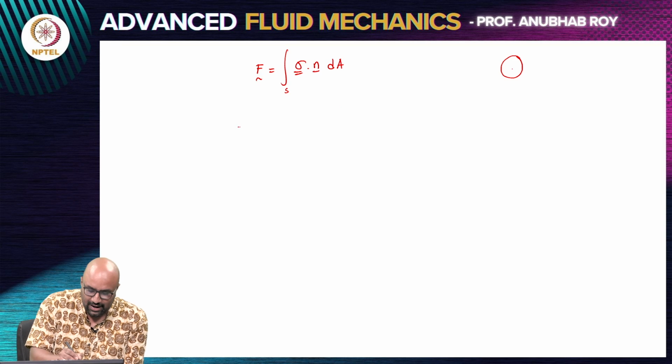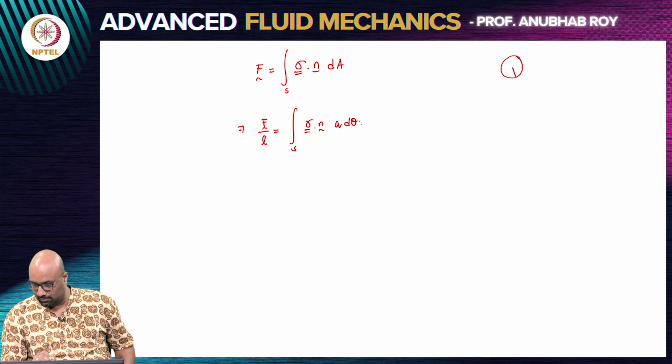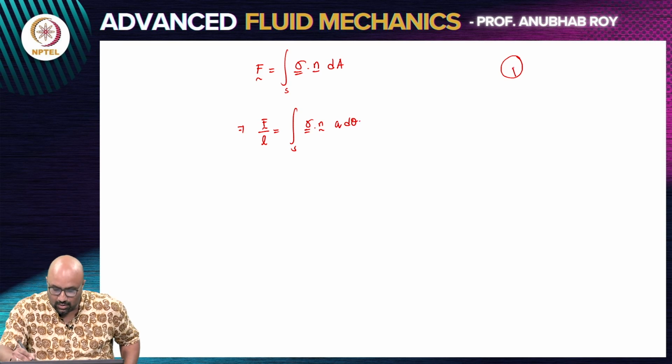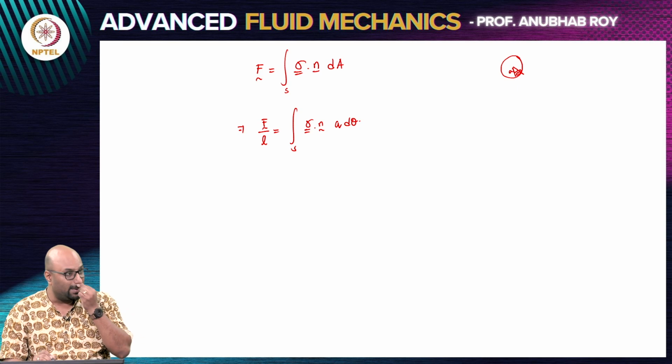So, if I want to find the force per unit length, then I will be doing sigma dot n over the perimeter of this object, right. So, the perimeter of this particular object is just going to be a d theta, right. So, if you measure your theta and you say this is small d theta, this is a, so that perimeter is a d theta.